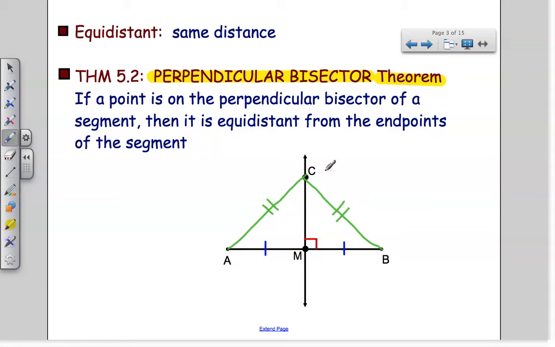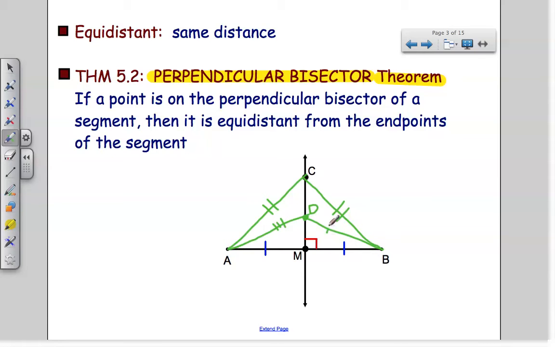And this not only holds true for this point C, but you could put any point on the perpendicular bisector. How about this is point D? Well, that means if D is on the perpendicular bisector, then it is also equidistant from points A and B, the endpoints of the segment that is perpendicularly bisected.